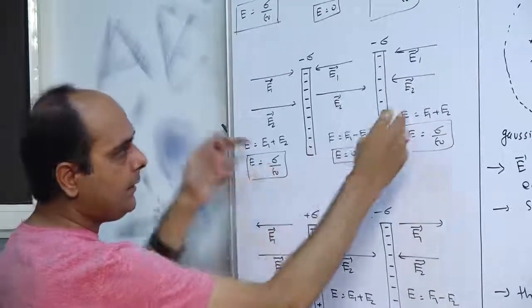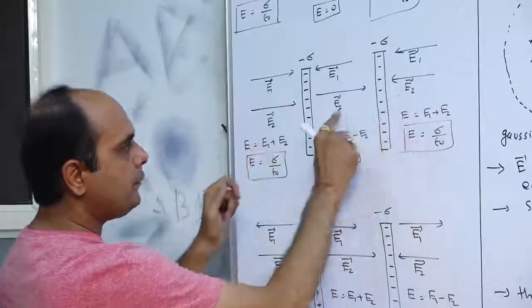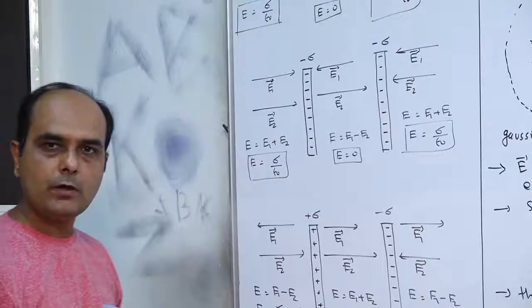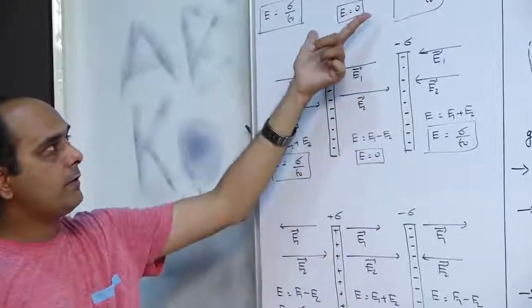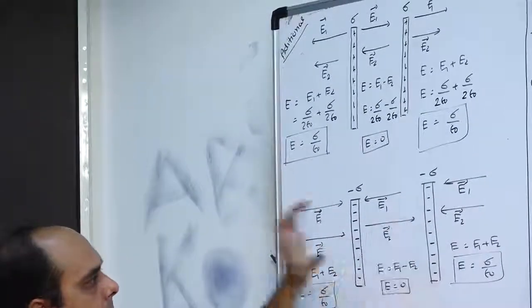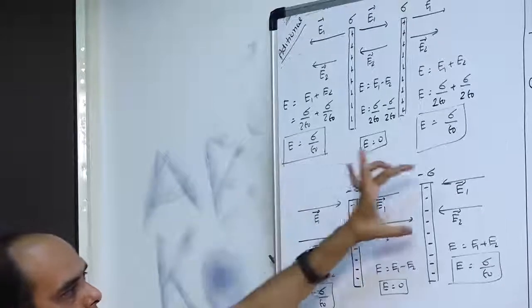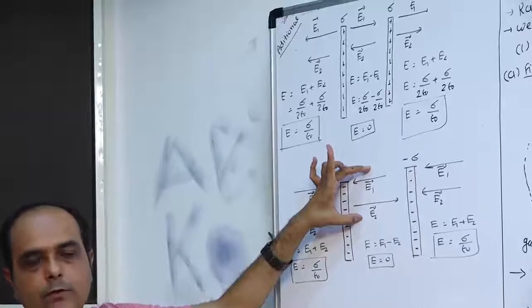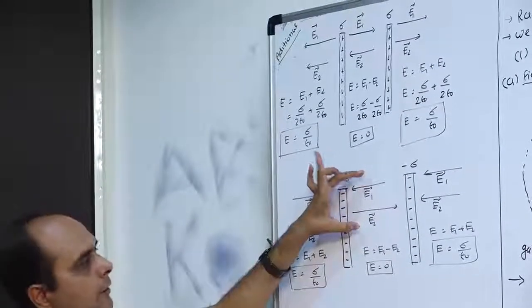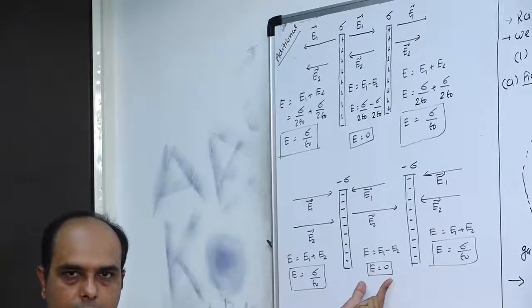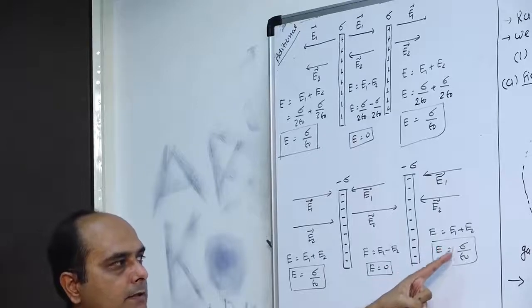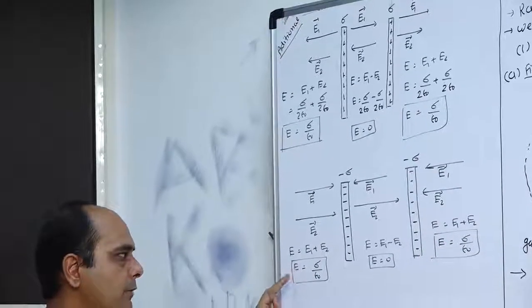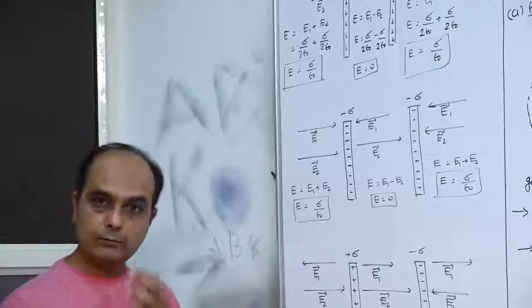Due to the second plate, the electric field is again towards the plate, that is E2. So again it is the same answer as the previous one. Outside the plates, the arrows are in the same direction. Between the plates, they are in opposite directions. So you get the same answer. Between the plates, the electric field is 0. Outside the plates, the electric field is sigma by epsilon 0.